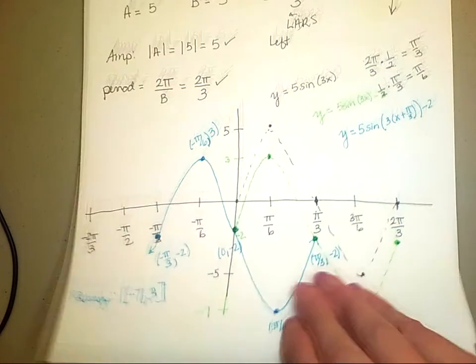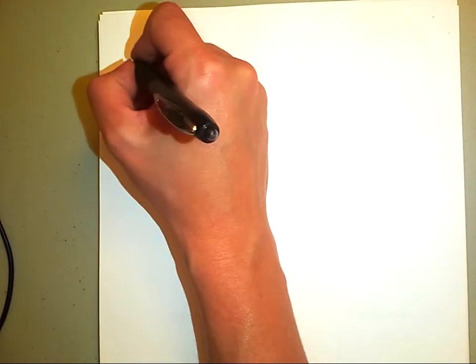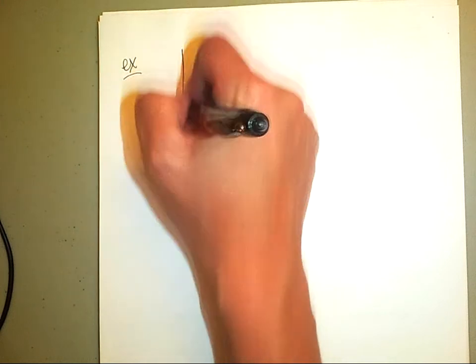Okay, let's do another example. Say you were given the graph and had to determine the equation. So let's say, for example, you had this graph.